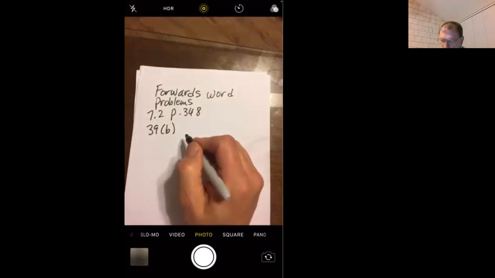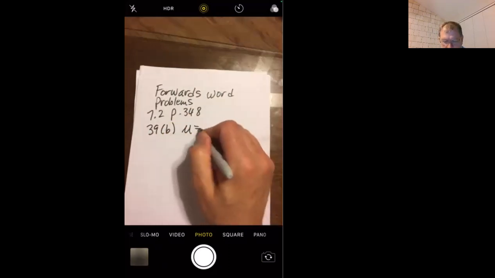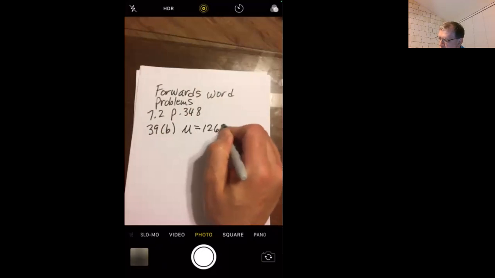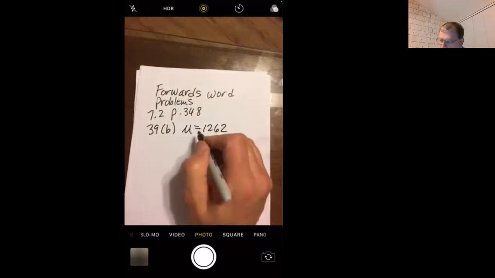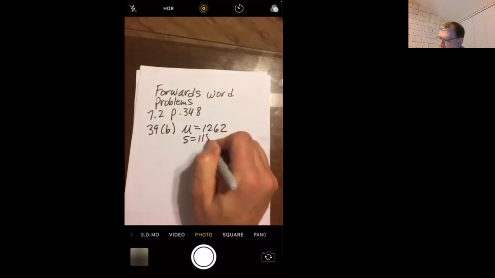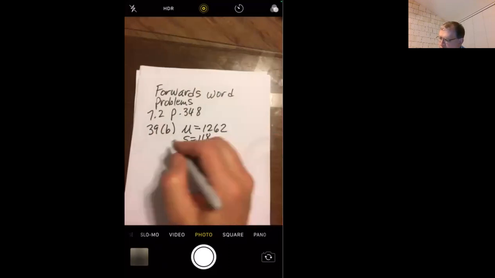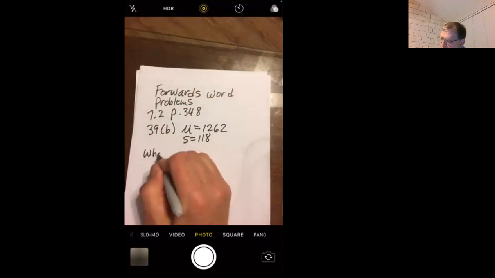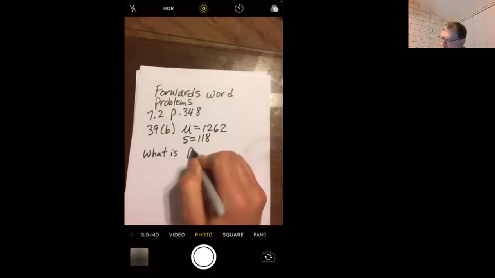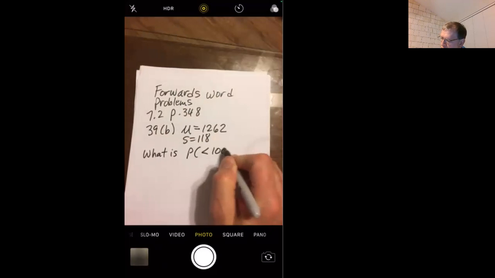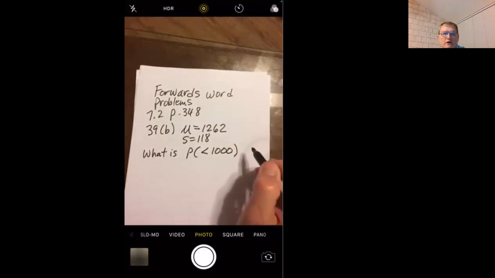What is the probability? Let's see, we got a mean here of 1,262 chocolate chips and standard deviation 118. And what is the probability you contain less than 1,000 chocolate chips?